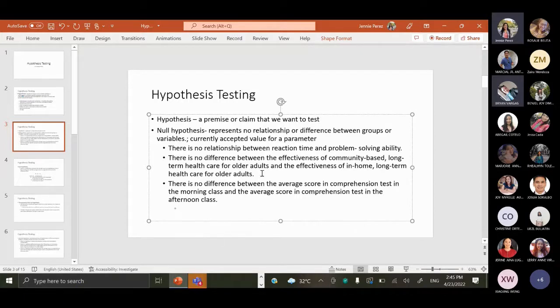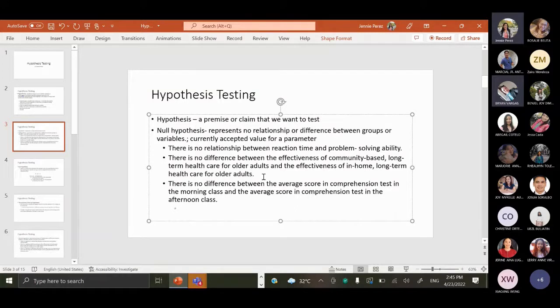So in the first example, it is testing for relationship. In the second example, it is testing for difference. That means there is a comparison between community-based healthcare and in-home healthcare.